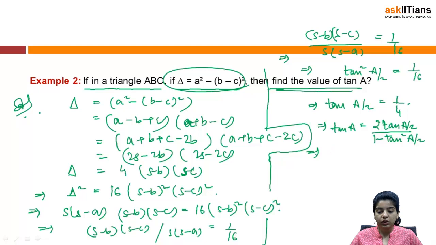Just substitute the values, we get 2 into 1 by 4 by 1 minus 1 by 16, which comes out to be 8 by 15. So we had to find out the value of tan A, and tan A value is 8 by 15.